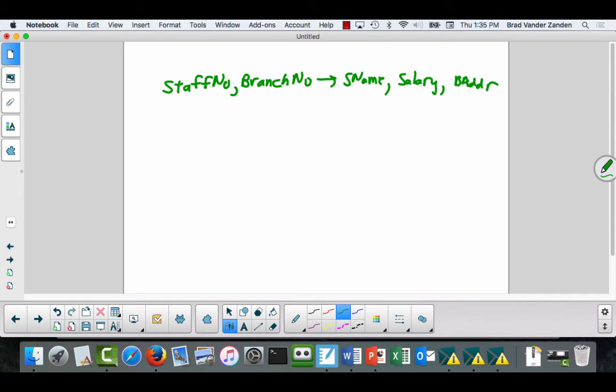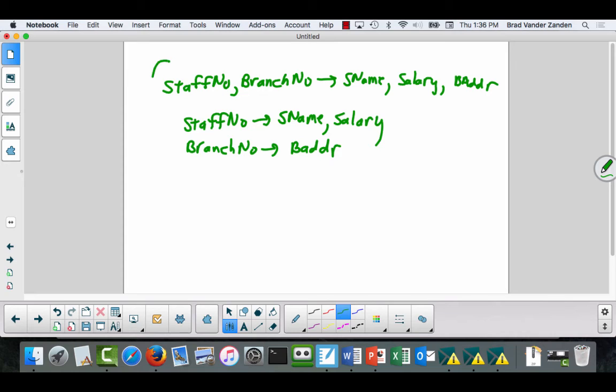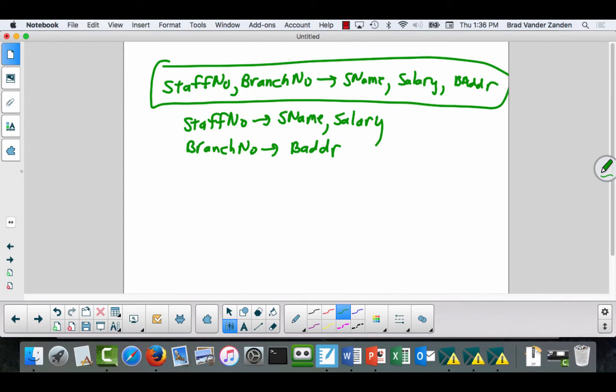Okay, so it turns out that this doesn't uniquely determine these attributes. Staff number uniquely determines staff name and salary, and branch number uniquely determines branch address. So this is not a full functional dependency.